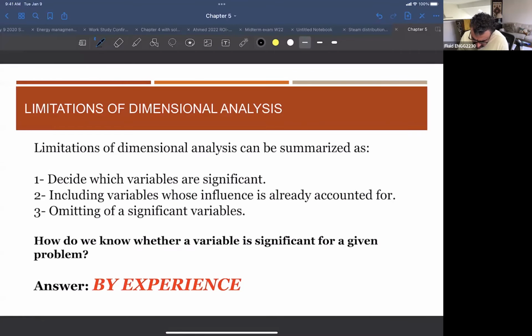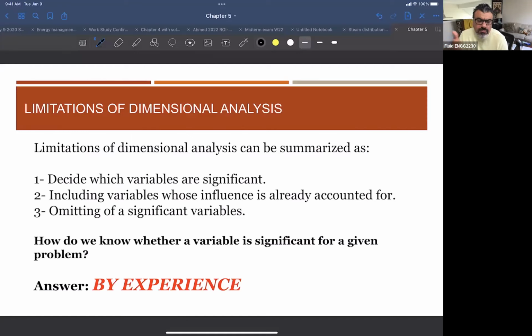A limitation of dimensional analysis, as I mentioned, I think you guys already figured out, is that it all depends on experience, right? It's kind of an art that you have to really come up with this group and see how you can combine these groups in a way to do your experiments. So it is all by experience, but this experience will come from practice, from being involved in so many problems that you are solving, and trying different things.